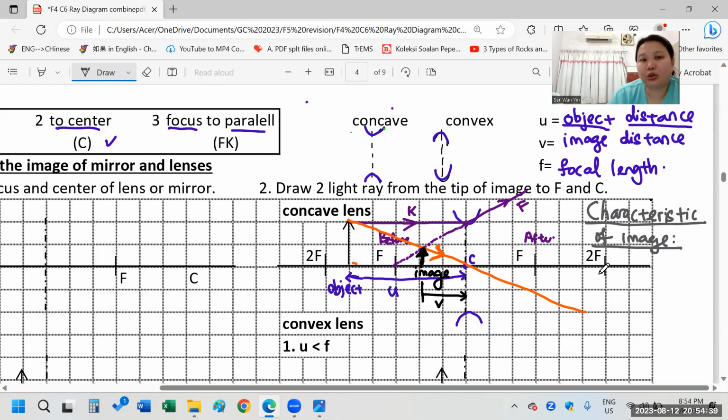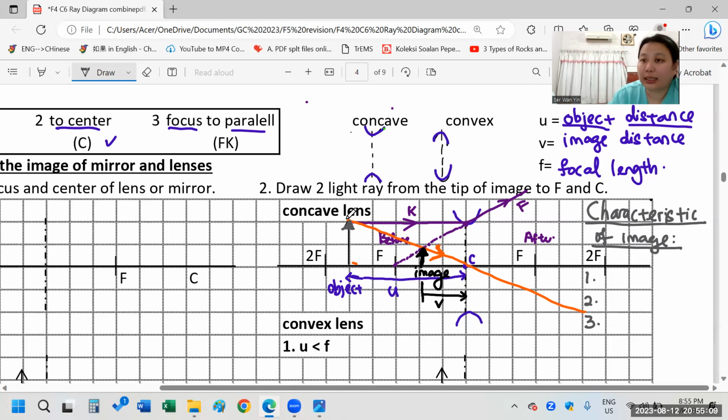Okay, so normally we say three characteristics: 1, 2, 3, which we already learned in Form 1, but I believe most of you forget. First of all, we look at the direction.